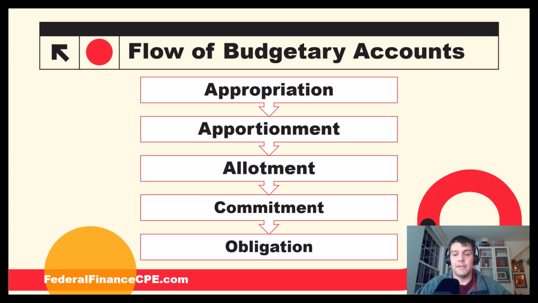Next, we have apportionment, which is the Office of Management and Budget allocating the amounts of funds you have available by program and time periods. Next, we have allotments, which is going to be the agency dividing up the money they have across the different programs and offices. Then you'll have commitment, which is a planning tool used for specific amounts for specific purposes. And finally, you have obligation. You're legally binding the government to pay for something.